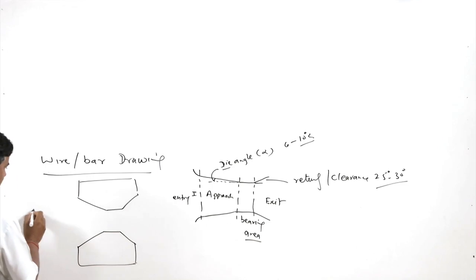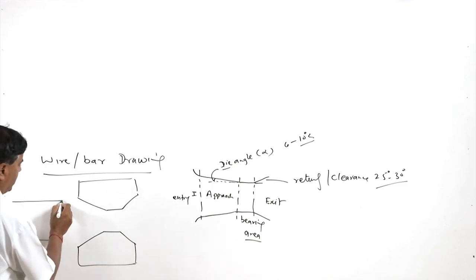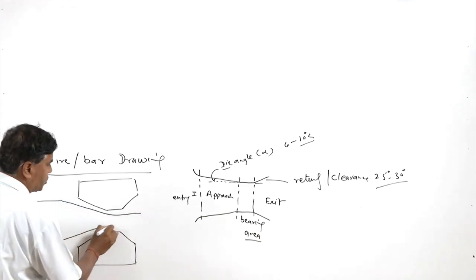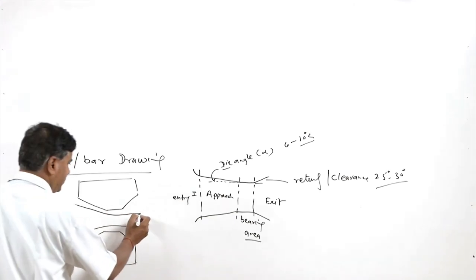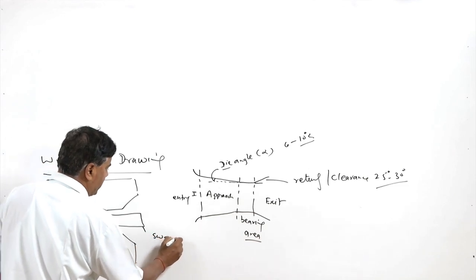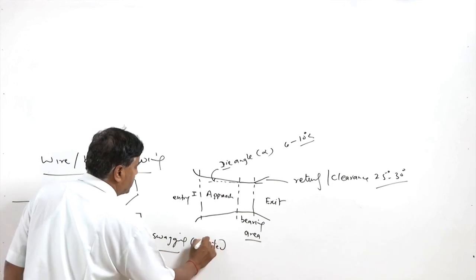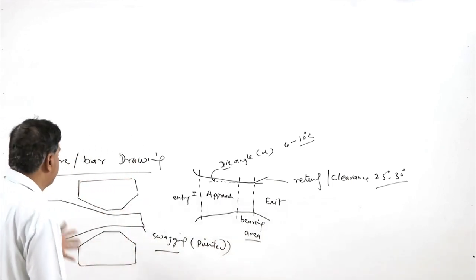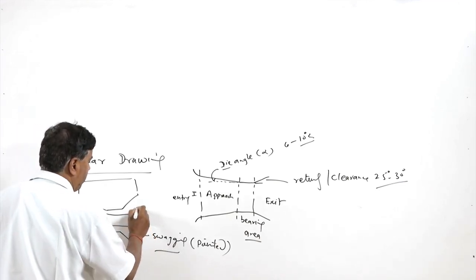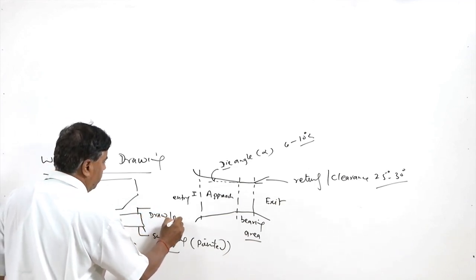First of all, the wire which is to be drawn, of course, will be of larger diameter. Initially it is made pointed like this, so that it enters through the die, and this is made by the swedging process. So, it is an operation of reducing the cross section in a very localized manner before the drawing itself, and this end is held or gripped in order to draw or pull it.